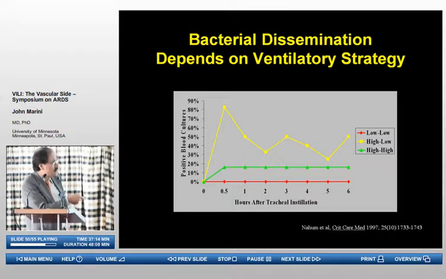When you use the same high inflation pressures but high end expiratory pressures, then only one animal showed bacteremia of six animals in each group. If you use lung protection, low inflation pressures, and even with low PEEP, so you might have had some collapse, you don't get any blood cultures positive. I think that has a message for us.